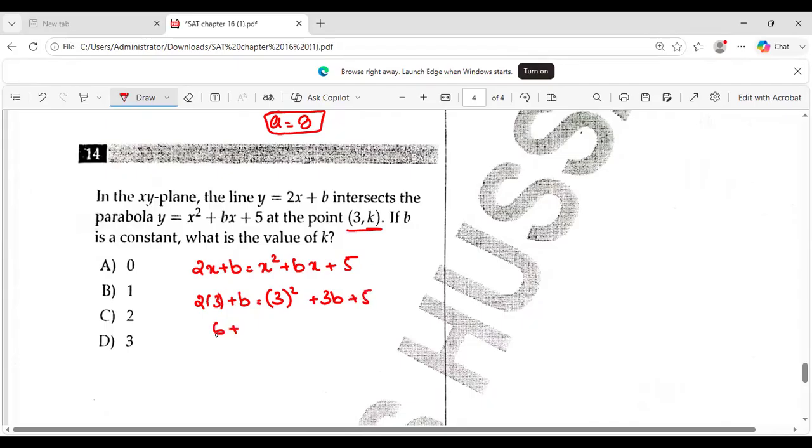Now this is 6 plus b is equivalent to 9 plus 3b plus 5. Shifting this on this side, shifting this on that side. This is 14, and on the other side, this is 2b. Yeah, 6 here, so shifting this.